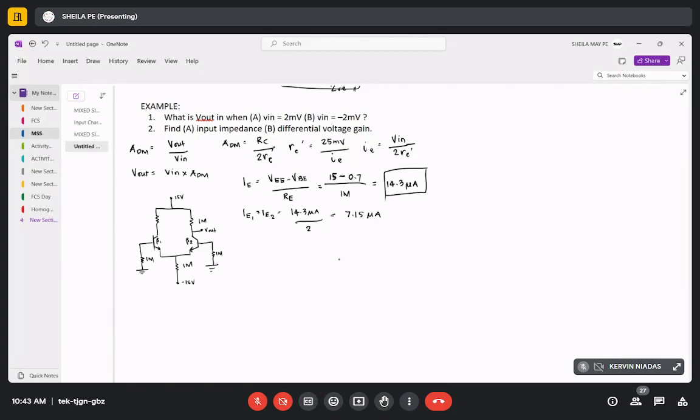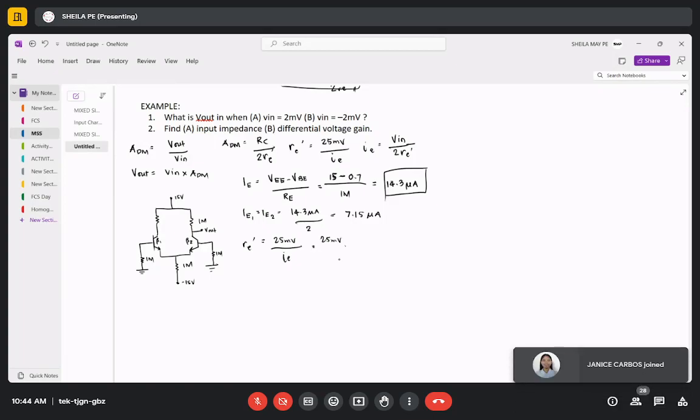Now we can have our RE already. Since RE is 25 millivolts over IE, that's 25 millivolts. IE is 7.15 micro.